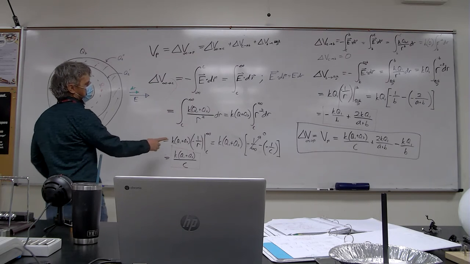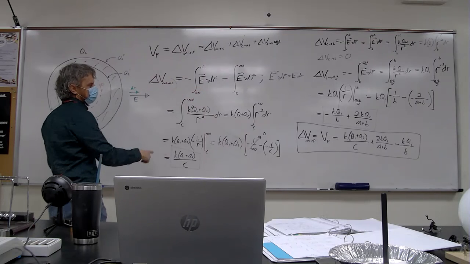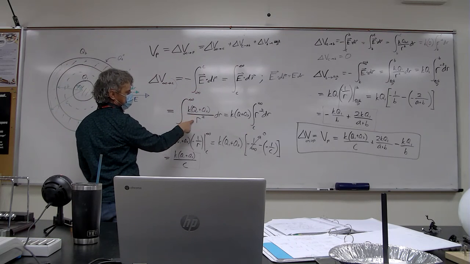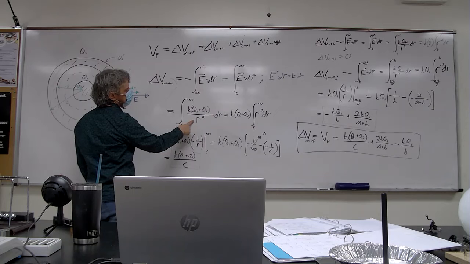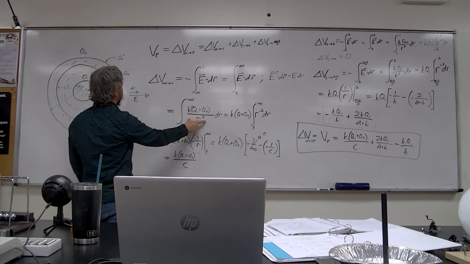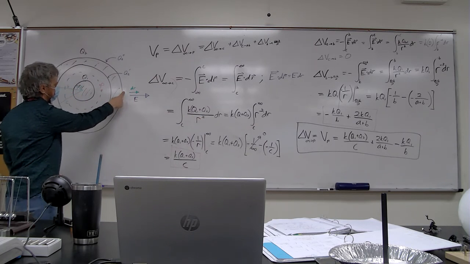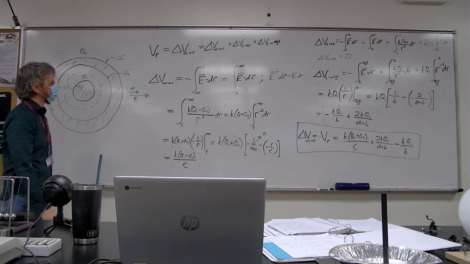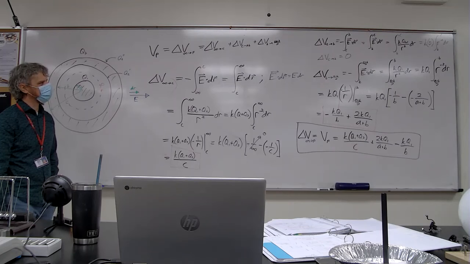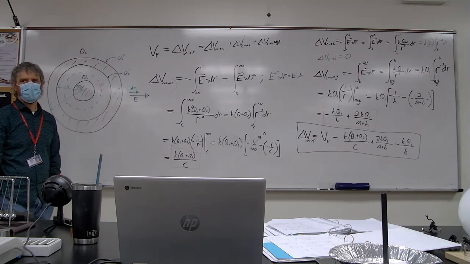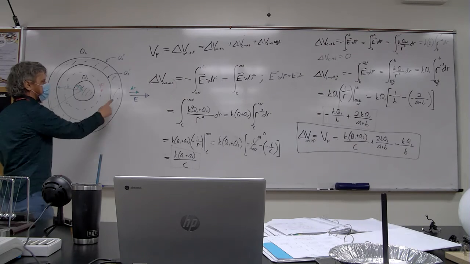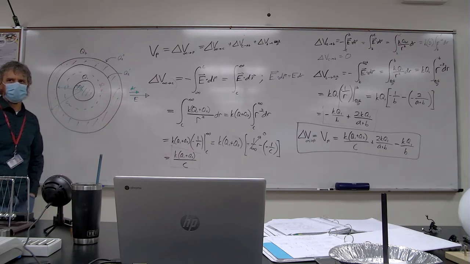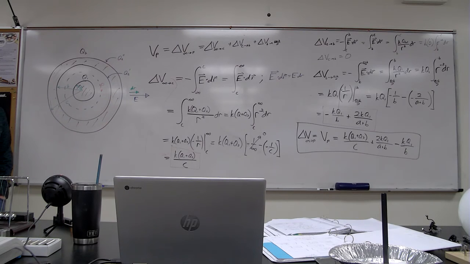If I'm going from infinity in, I got K times Q1 plus Q2 over R squared. It depends on the actual distances because we're just doing this symbolically. But yeah, it'd be pretty gross. So it'd be kind of jagged at the discontinuity points, where you couldn't integrate there, I guess.